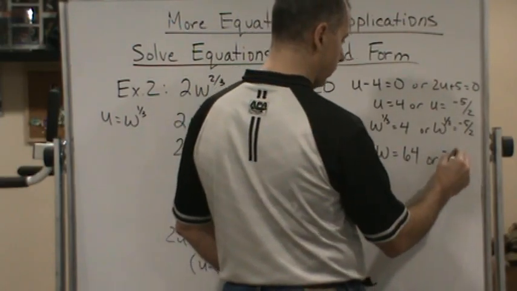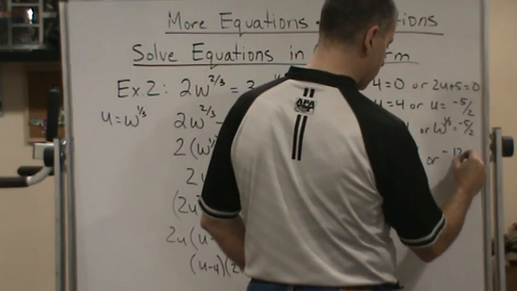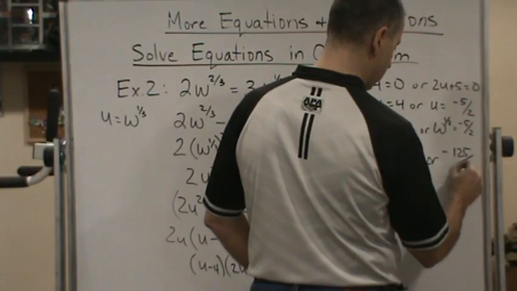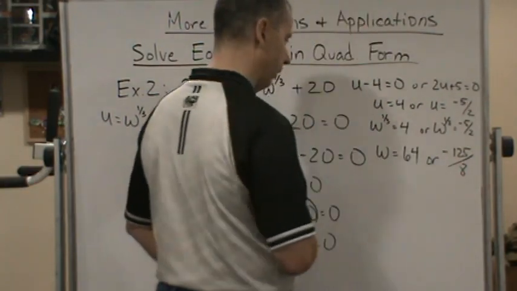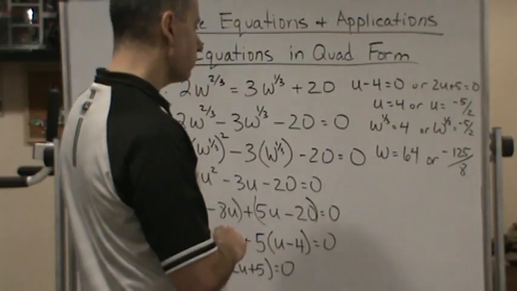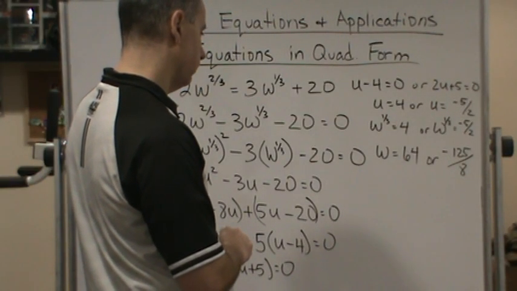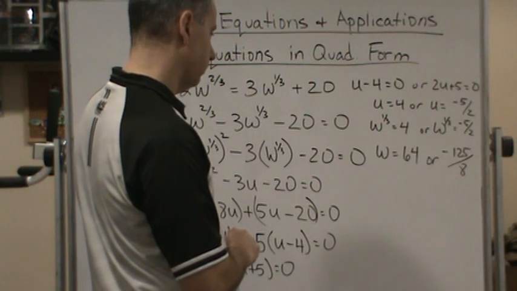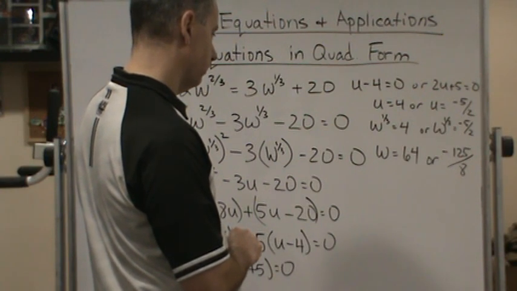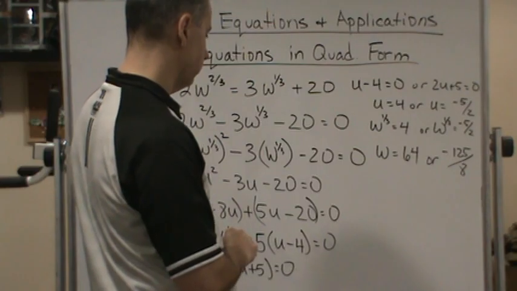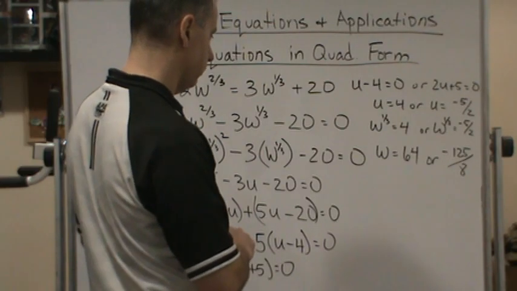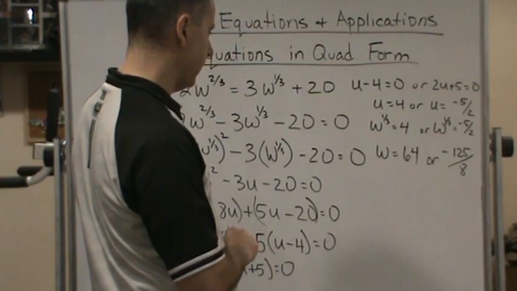Well, we're cubing it, so this will be a negative 125 over 8. And that's it.